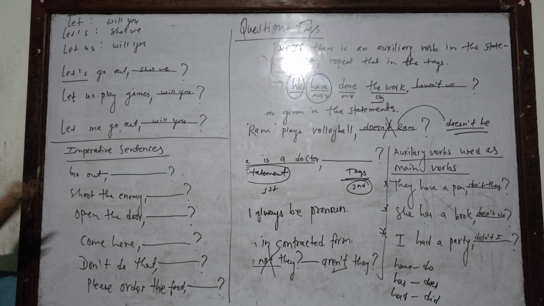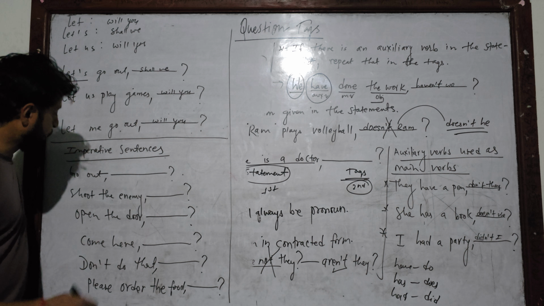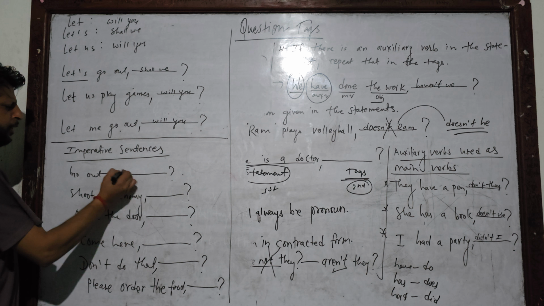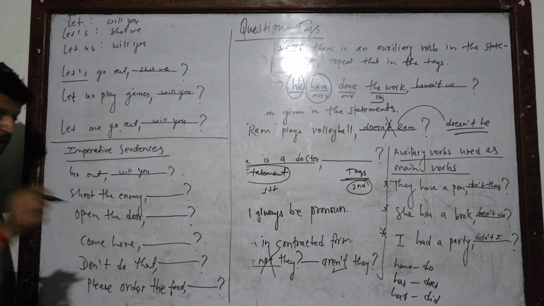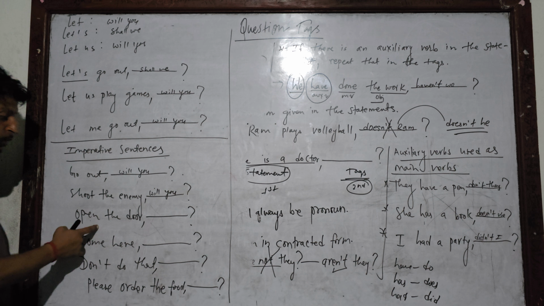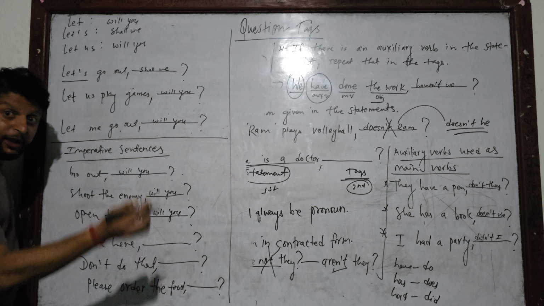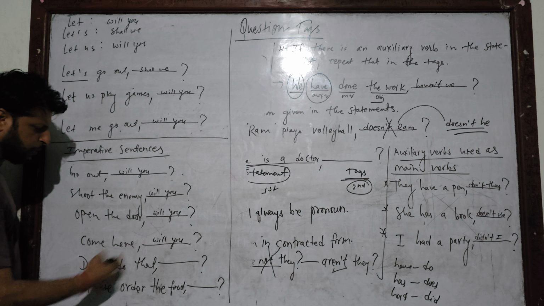Now, how do we write question tags for imperative sentences? Go out. What do you write here? It's imperative. Will you? Shoot the enemy. Will you? Open the door. Will you? Come here. Will you? Don't do that.